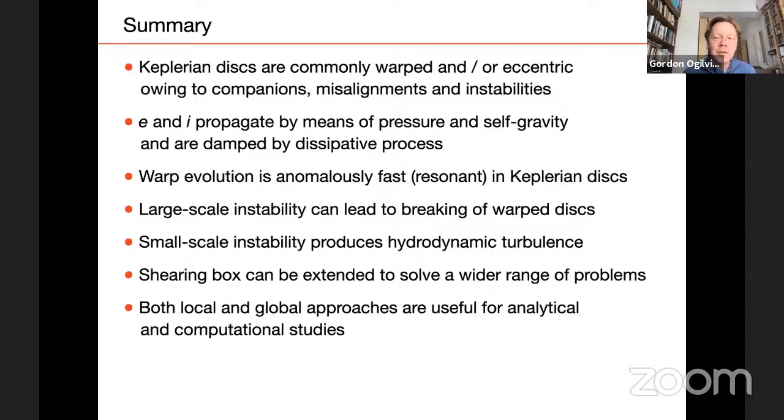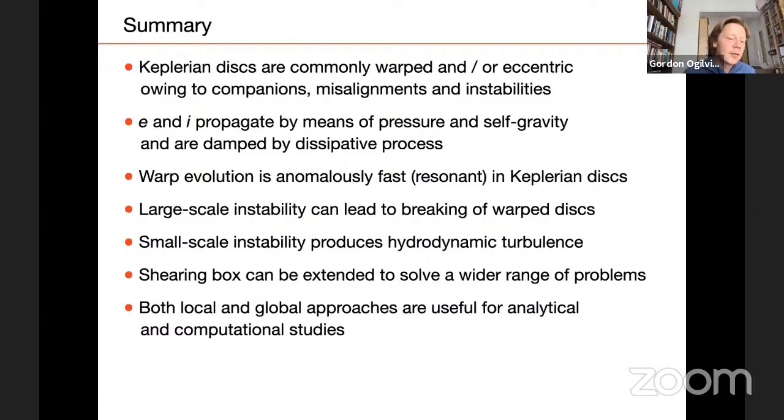We've seen that warps evolve especially rapidly in Keplerian disks because of this important resonance. There are a couple of instability processes that deserve further study: a large-scale instability that leads to the breaking of warped disks, and a small-scale instability that produces turbulent motion.